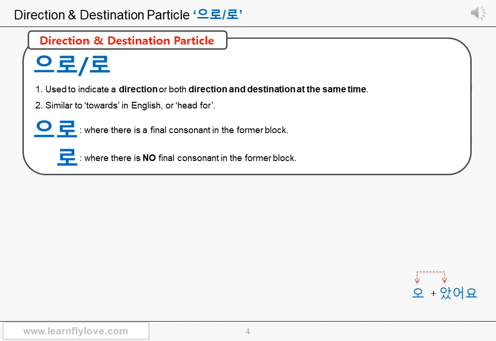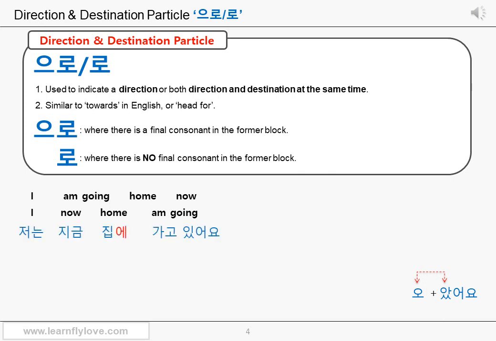Needless to say, 으로 with a round empty ㅇ consonant is used where there is a final consonant in the formal block, and 로 is used where there is no final consonant in the formal block. Let's see some examples. I'm going home now. I, now, home, am going. Home here is the destination, so you can definitely use the destination particle 에.